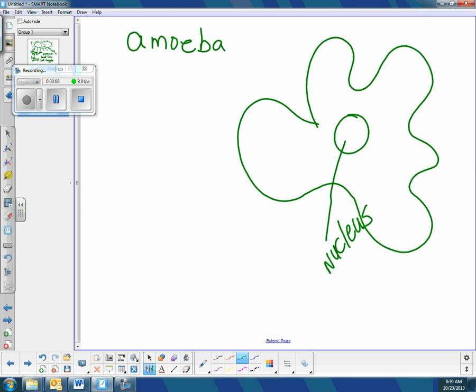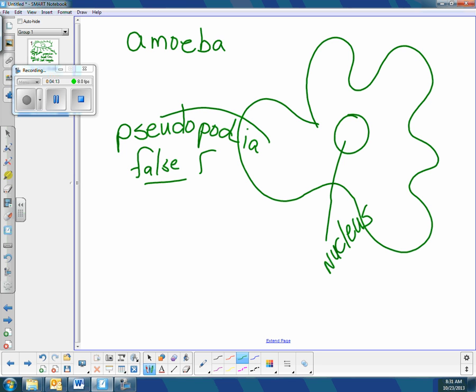These things that he moves with are called pseudopodia. Pseudopodia means false. Pseudo means false. And podia means foot. False foot.